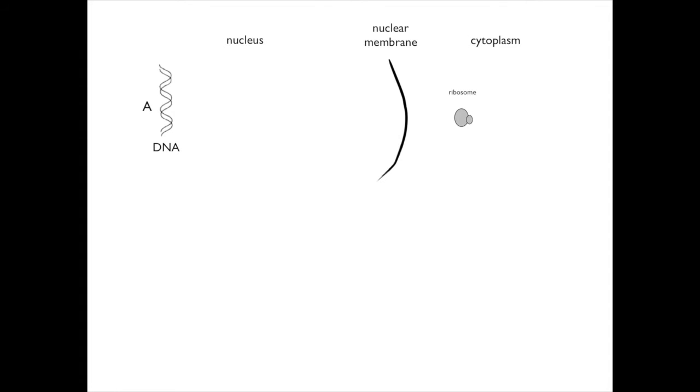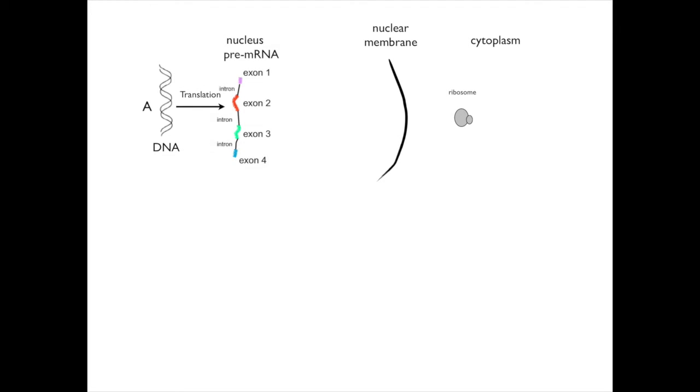Recall how alternative splicing works. The DNA of all genes contain expressed sequences called exons, which code for the protein, and non-coding sequences called introns.